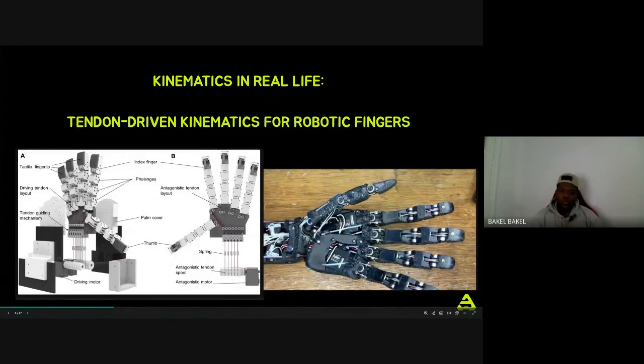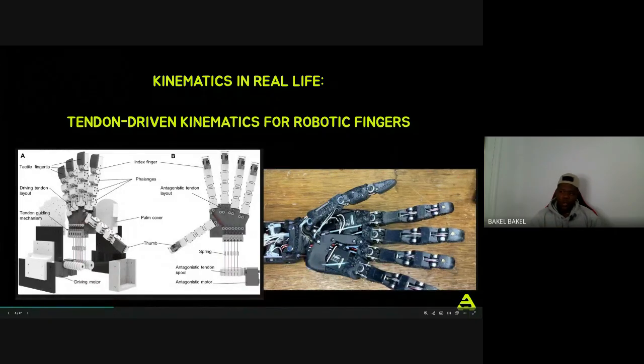Okay, so kinematics. We talked about 2D kinematics, 3D kinematics. Those are basic things. Even as complicated as you think it is, most of those kinds of kinematics are already fully solved. So it's just for you to learn. There are some more complicated things, like tendon drives.